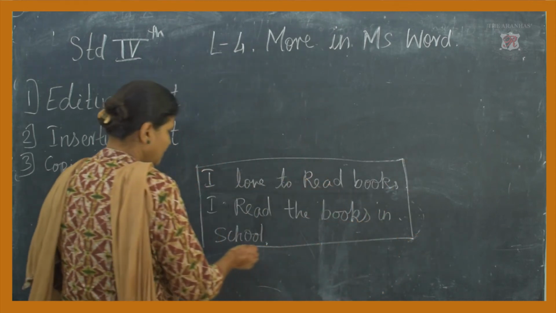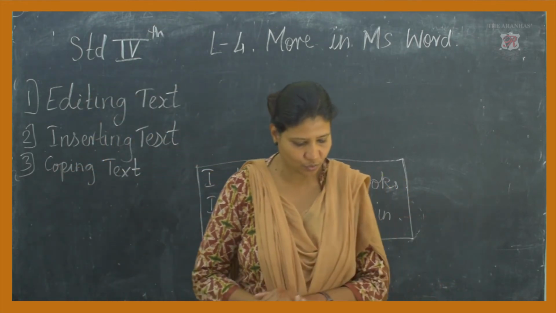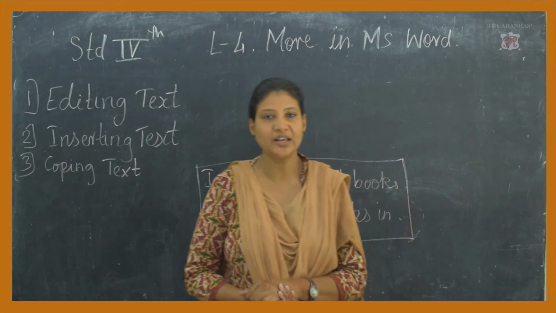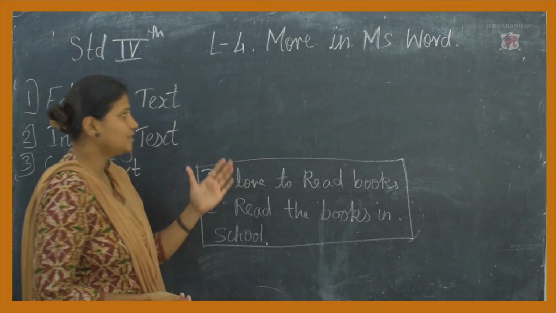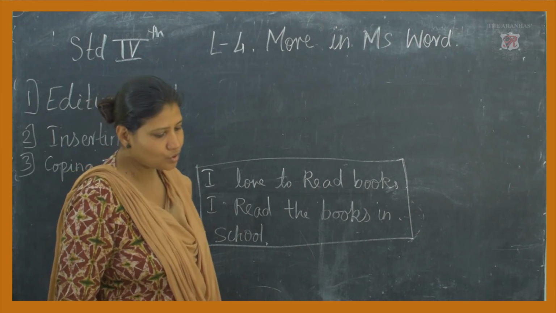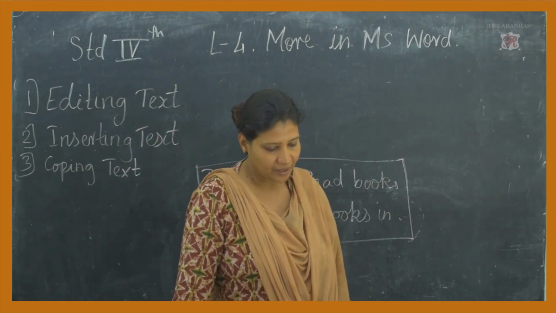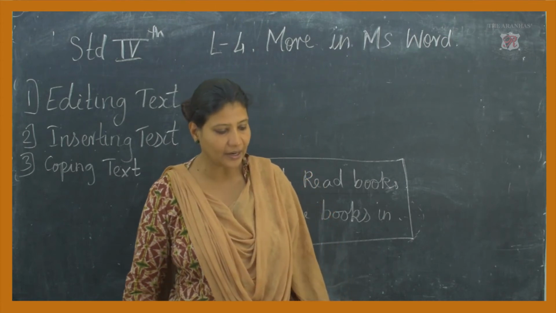Now you have to select this. If you select it, it will come in this square. Moving text means to shift the text from one place to another. From here I want this text on some other page or on the next page, so I want to move this. First we have to select that text. After that, moving is done by cut and paste.